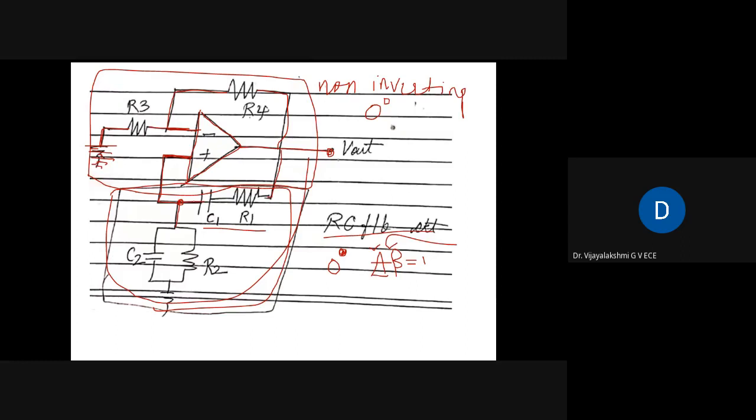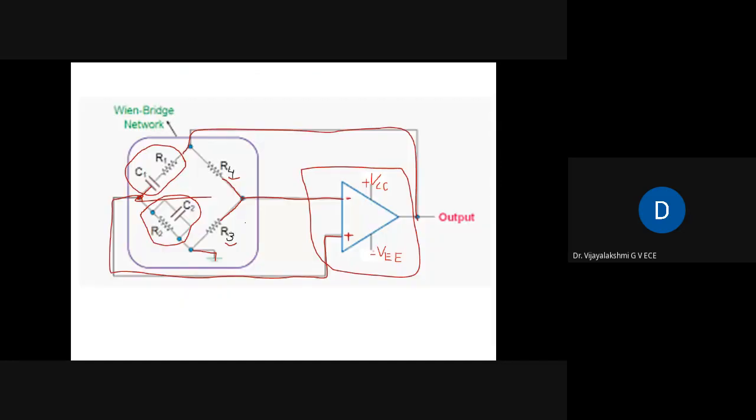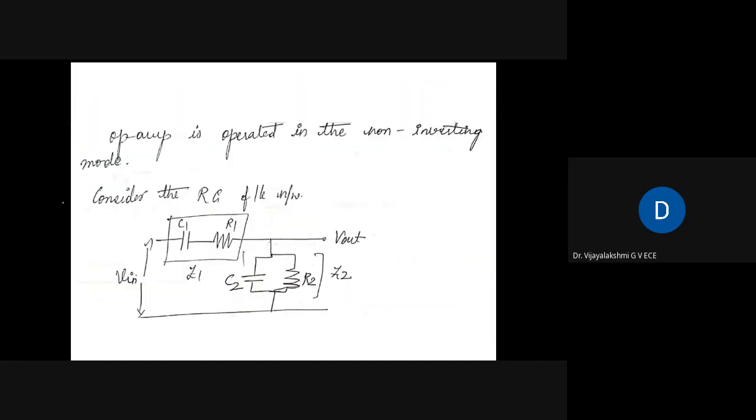Now for this feedback element, the input is from the output of this oscillator. Please don't get confused with this input and output. Here I refer to this input as the input to the feedback circuit.